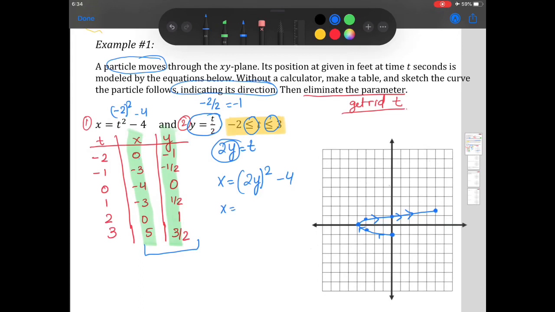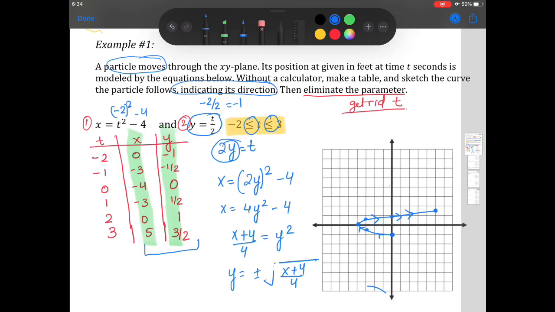So it'll be x equals 4y squared minus 4. So x plus 4 equals 4y squared, and y squared equals x plus 4 over 4. Then you take the square root, so y equals plus and minus the square root of x plus 4 over 4.